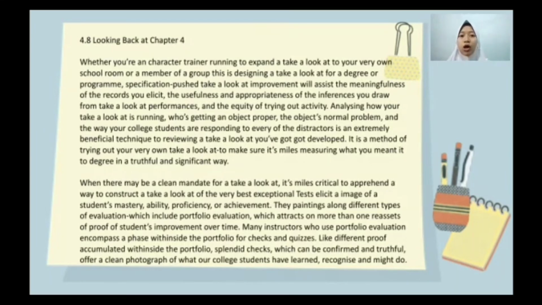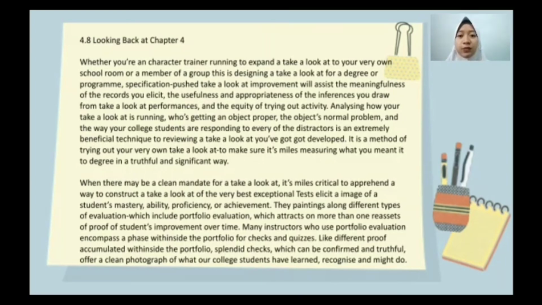Analyzing how your test is working, with getting an object right, the object's overall difficulty, and how your students are responding to each distractor is an extremely beneficial technique for reviewing a test you have developed.